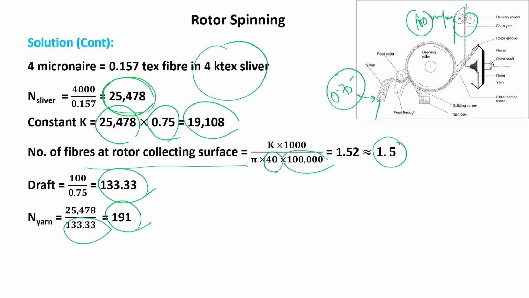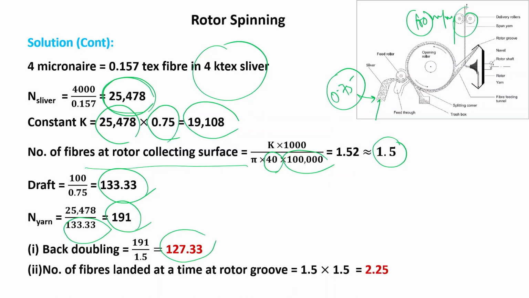That makes the total back doubling 191 by 1.5, which is 127.33. That is the back doubling. The number of fibers landed at the rotor groove is 1.5 multiplied by the draft, which is 2.25.